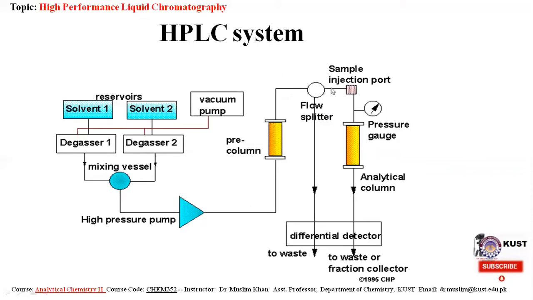So a very small part of the mobile phase, where the sample is passed through the column, goes on, and most of the sample as well as the mobile phase goes into the waste. At last, these different components are detected by detectors, and then it gives us a chromatogram in a computer.